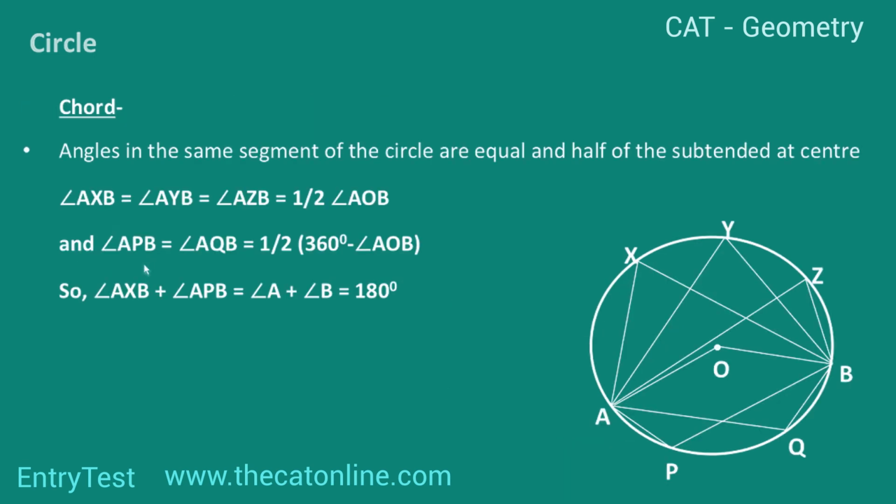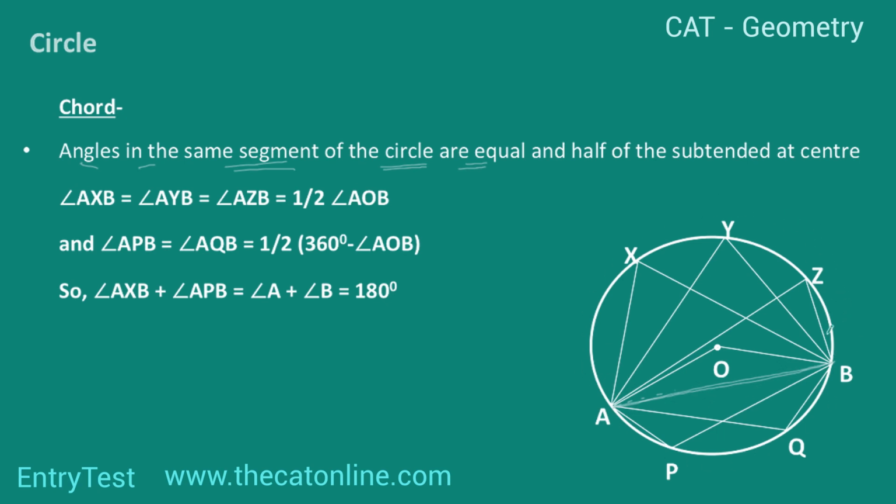Let's move ahead and understand a few more properties related to chords. Angles in the same segment of the circle are equal. So if there's a chord, I'm just trying to make this chord AB. If I join AB, now in the same segment, I'm talking about the major one and the minor one.